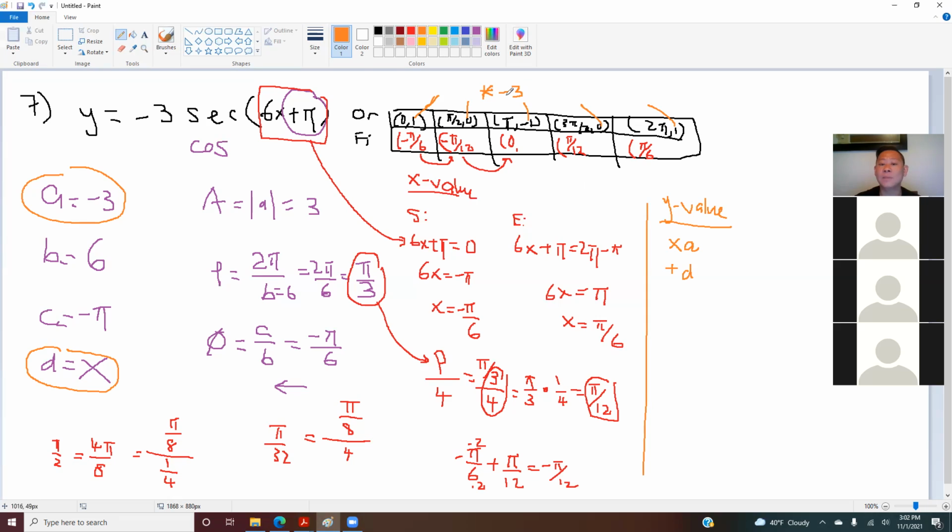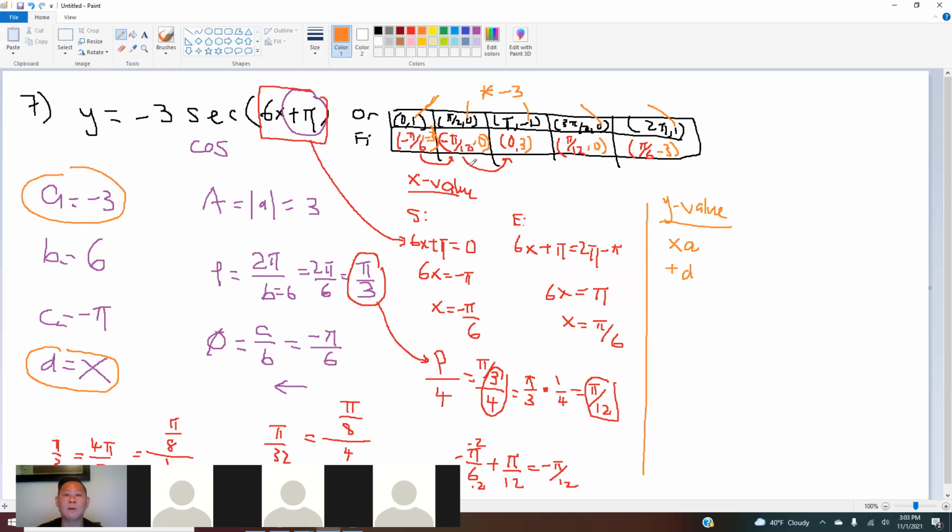So it's 1 times negative 3, so you get negative 3. 0 times negative 3, you still get 0. Negative 1 times negative 3, what do you get? 3. 0 times that, you still get 0. 1 times negative 3, you still get negative 3. So this is your graph.